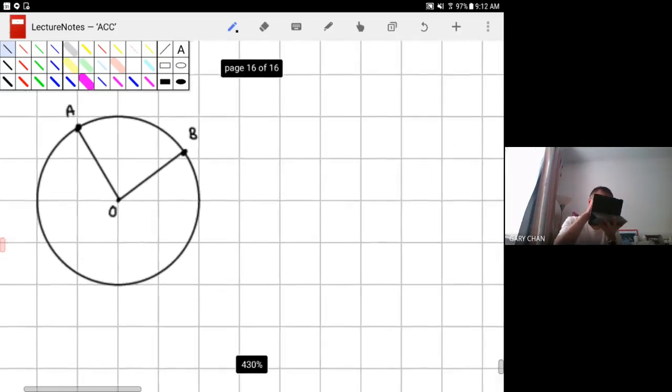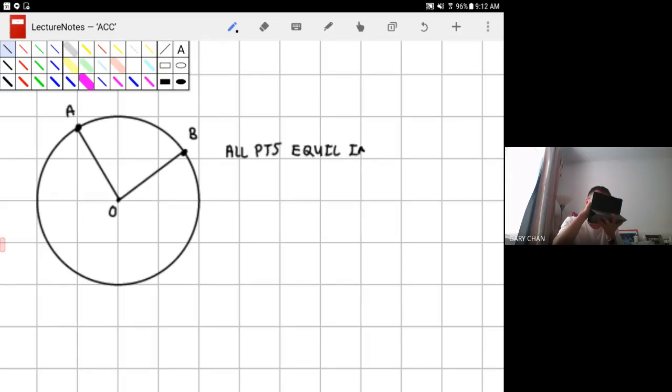I'm just going to write that down over here. So: all points that are equal in distance from a common point. Let's think about that. Think of the condition that satisfies this.